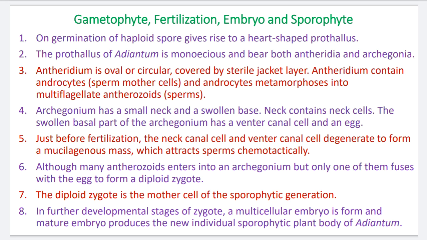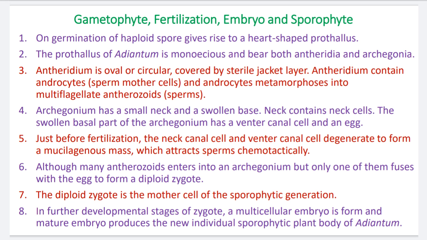Androcytes metamorphose into multiflagellate antherozoids. These androcytes, the sperm mother cells, produce many multiflagellated antherozoids or sperms or spermatozoids. They are also called male gametes.